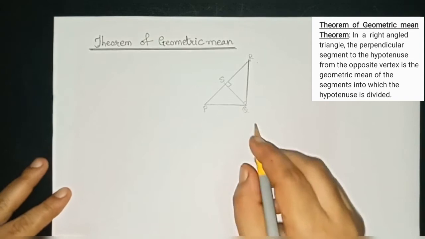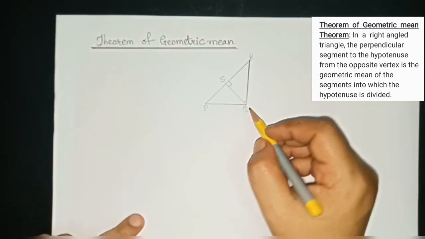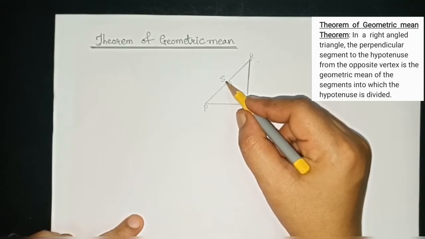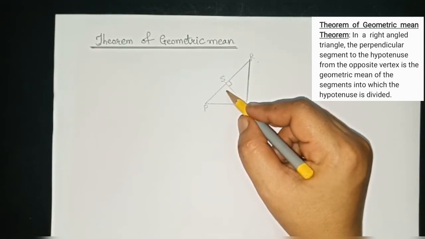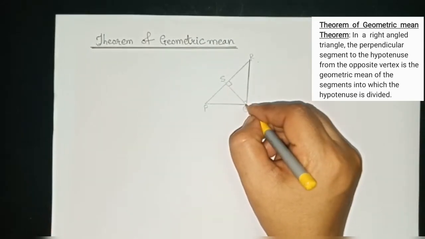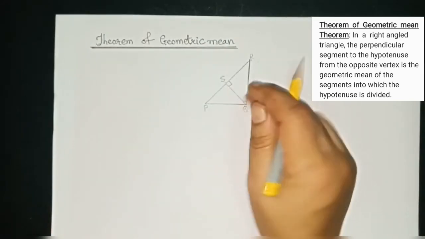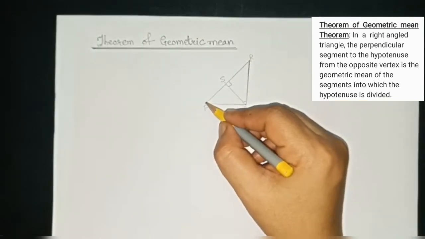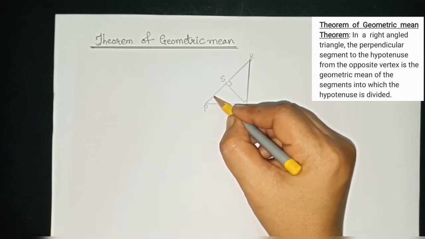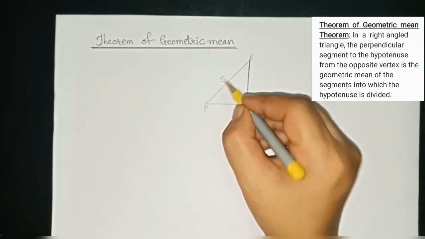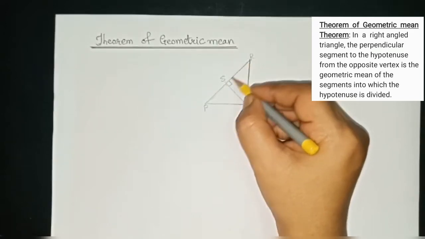So the theorem is that the perpendicular segment on the hypotenuse is the geometric mean of the segments into which this hypotenuse is divided. The hypotenuse is divided into two segments because of this perpendicular QS. The two segments are PS and SR or RS.